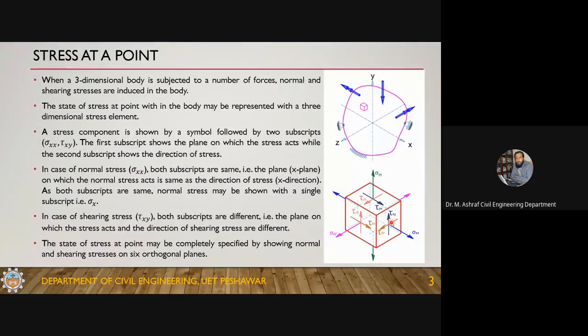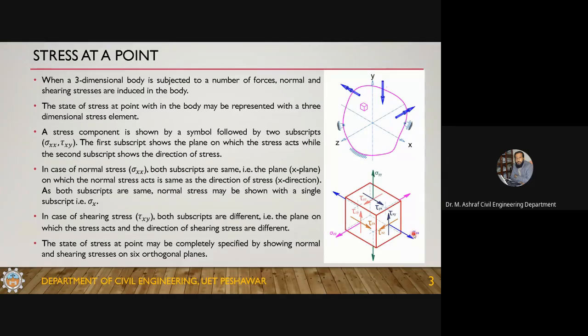Now there is a way to represent these components, to identify their location and direction. It is necessary to give each a proper name, represented with two subscripts.